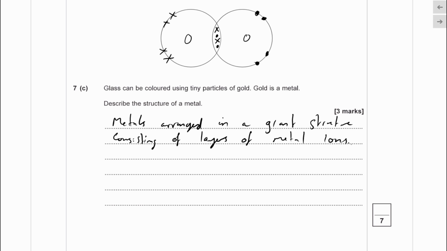Next, each ion has lost its outer shell electrons. I'm going to put that S in brackets because if it's in group 1, then it's just an electron.